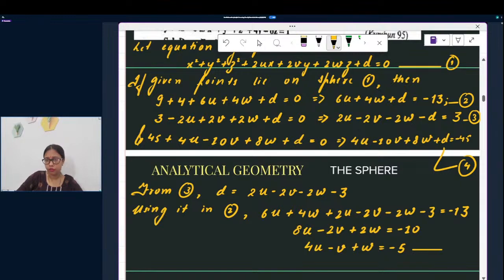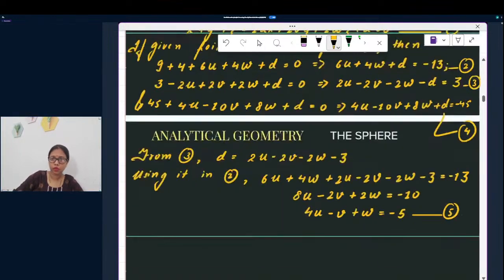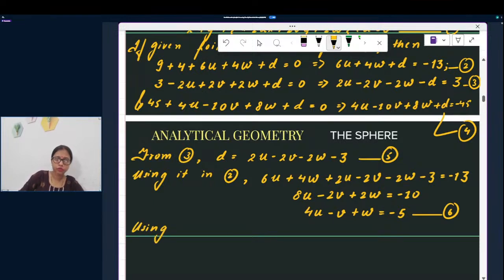Here we have fifth, sixth. Now using equation 5 in 4, I'll get 4u minus 10v plus 8w plus d again.